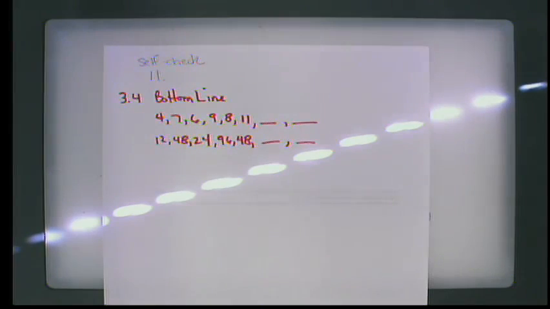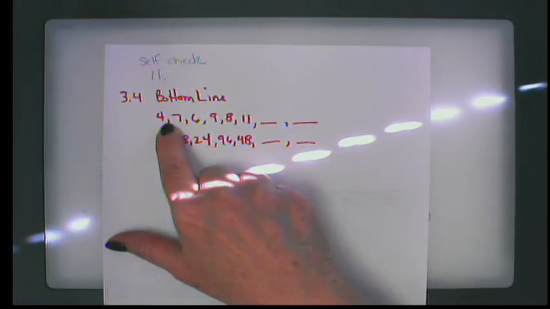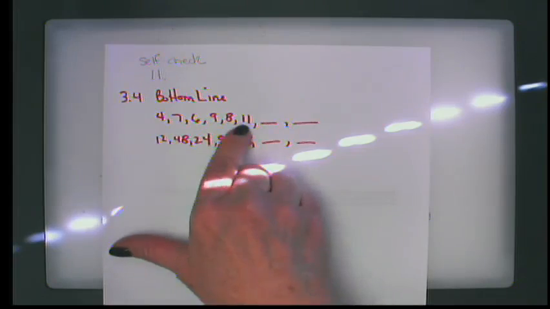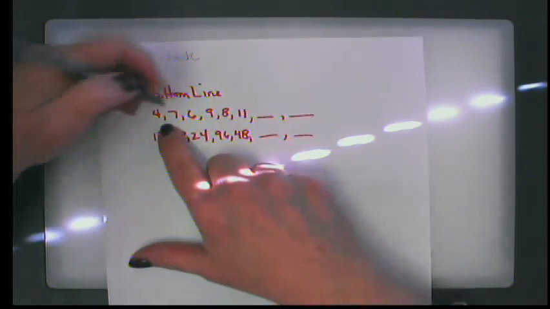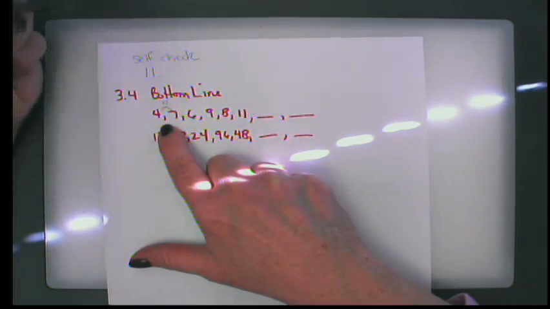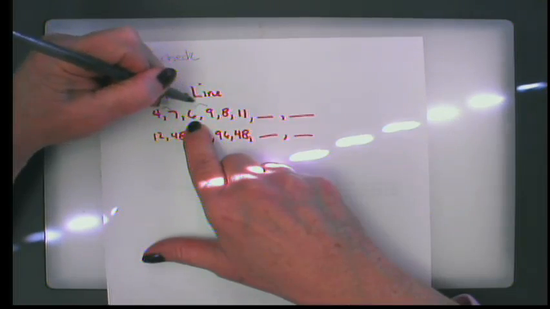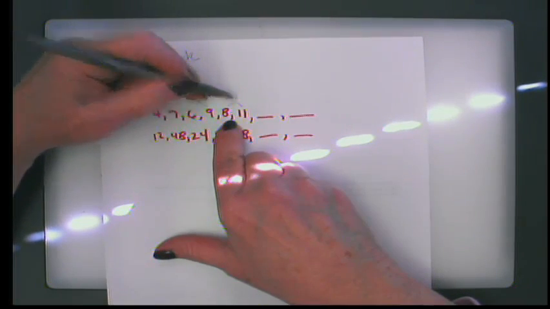there's a couple of things. Sometimes the pattern is a variable. In other words, you might have one pattern between these two numbers and one pattern between these two numbers, and then these two, and then something else happens in between. So when I look at 4 and 7, I think 4 plus 3 is 7, right? And then how about 6 and 9? 6 plus 3 is 9, and 8 plus 3 is 11, right?